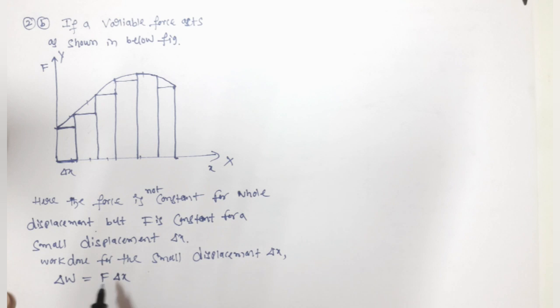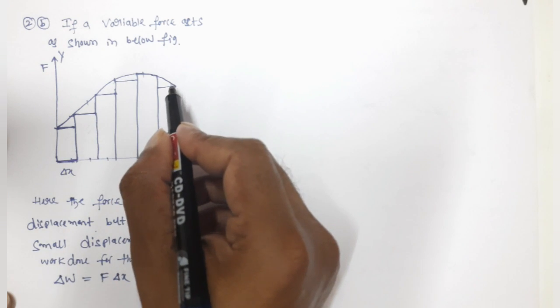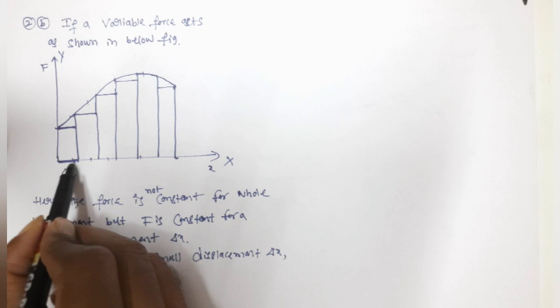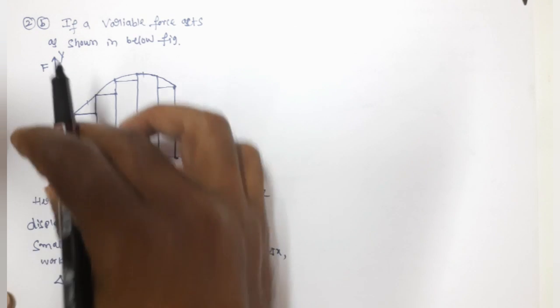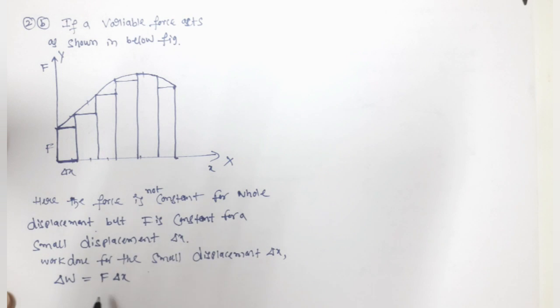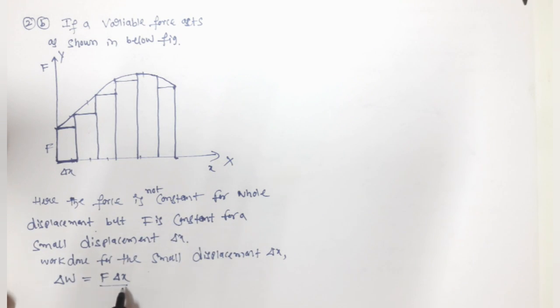Here we are assuming that force and displacement are both in the same direction, so we are not taking cos 0. Cos 0 is equal to 1. From here to here, for the whole displacement force is not constant, but we are assuming that for small displacement delta x, this value we are calling F. So this F into delta x gives the small work done for the small displacement delta x. So this is what we are calculating.